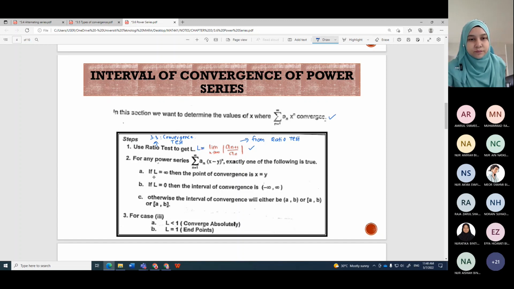If L is equal to infinity, then the point of convergence is x is equal to y. Dia daripada sini sebenarnya. So maksudnya kat sini, x minus y is equal to 0, so x is equal to y.